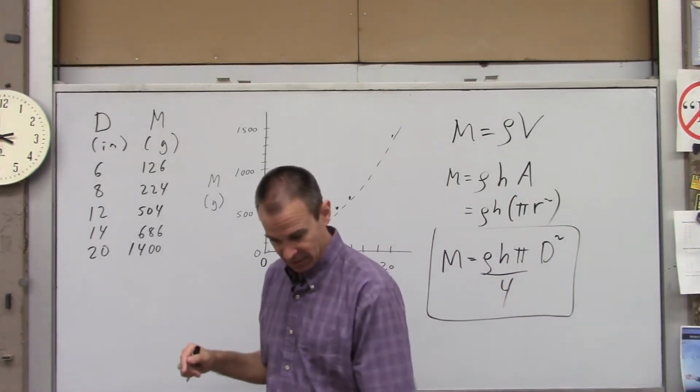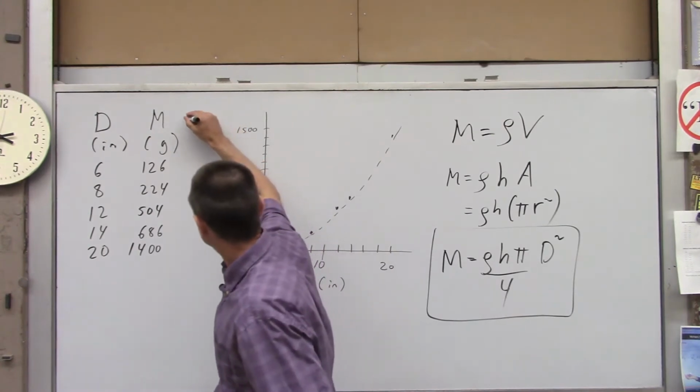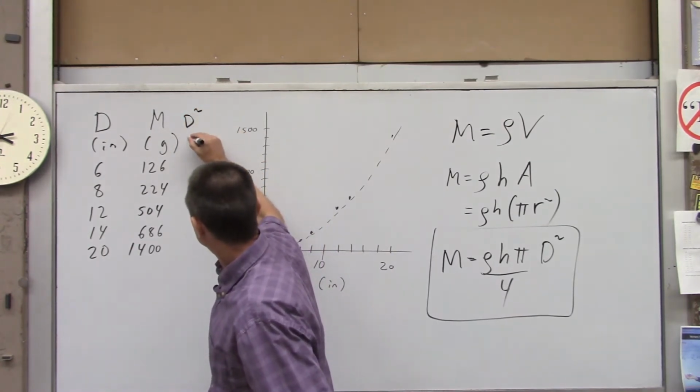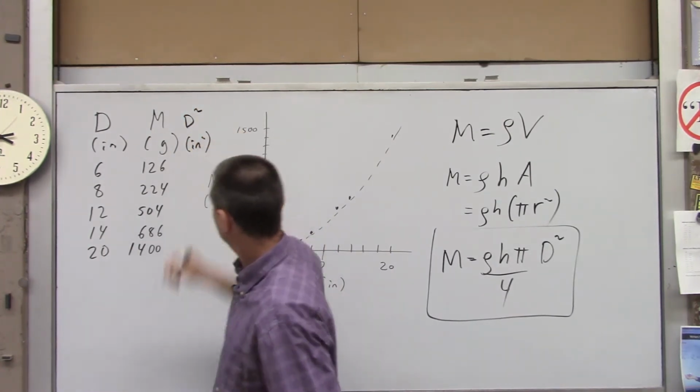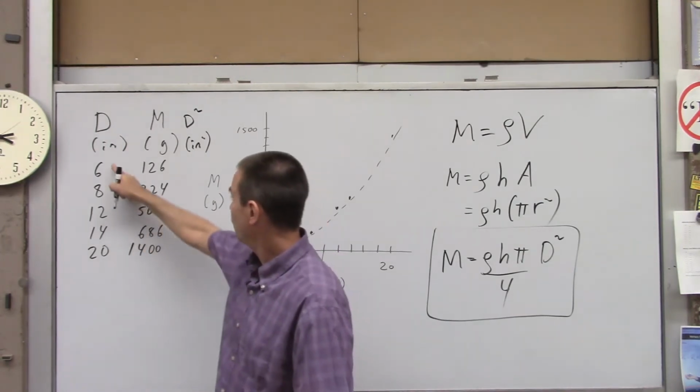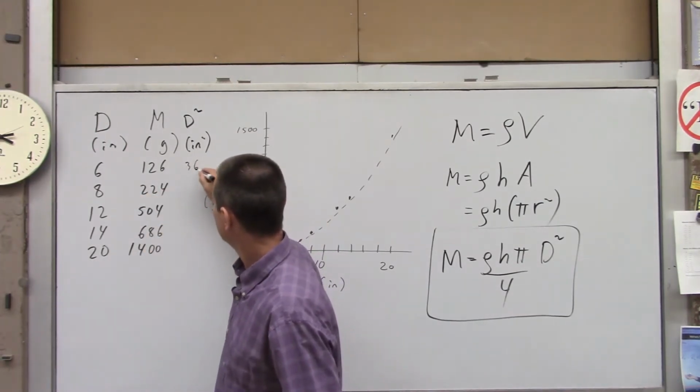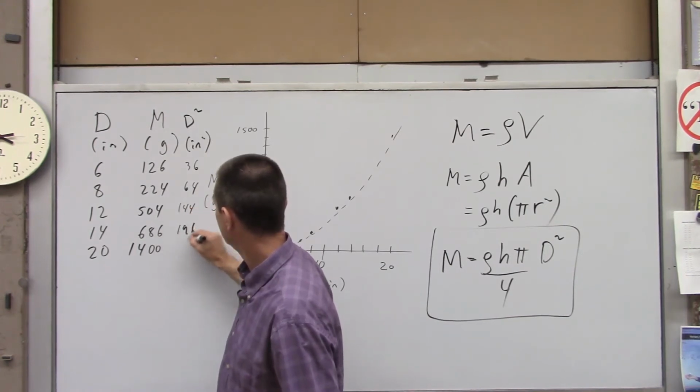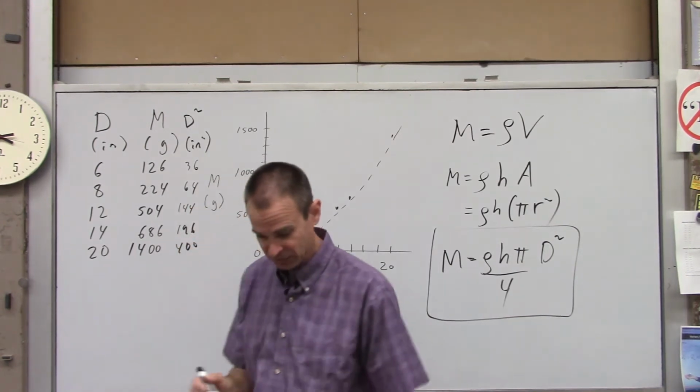Now if we do that, we have to make another column here, and it's not a whole lot of room. This will be inches squared. All you do is square each of these numbers, so you get 36 and 64 and 144 and 196 and 400. That's the diameter squared.